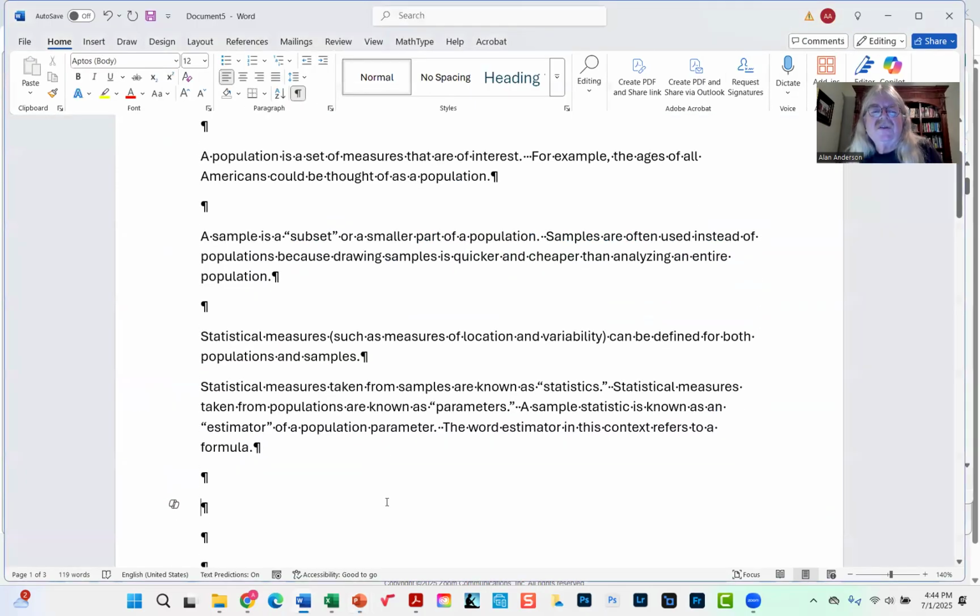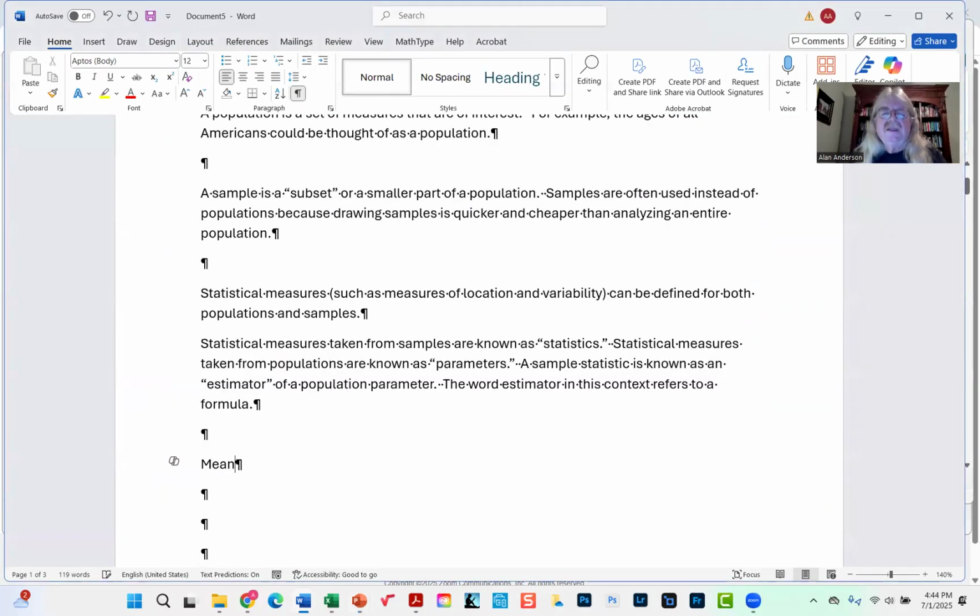I just want to mention here that the word mean in this case is the same thing as average. So don't be confused by that. It doesn't mean like a person who's not very nice. The word mean in this context means average.